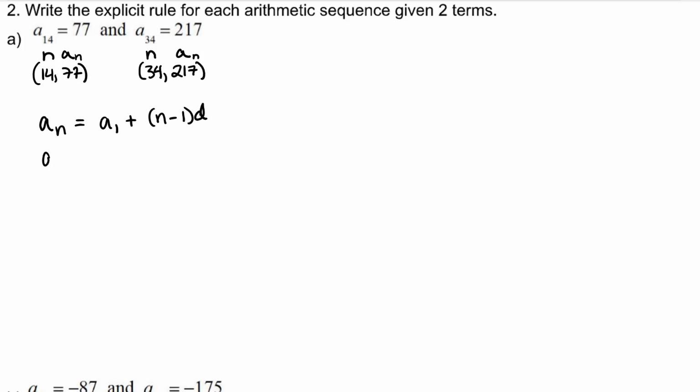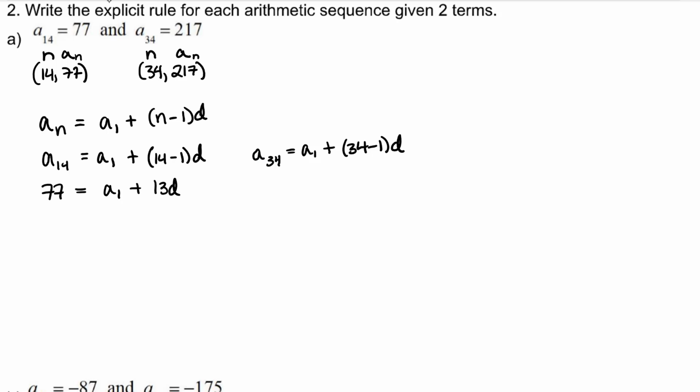Plug in 14 for n. Plug in 34. All right, let's plug in what is a sub 14? It is 77. And what is a sub 34? It's 217. And then we're going to have 2 equations with the same 2 variables, and we can use elimination or substitution to solve.